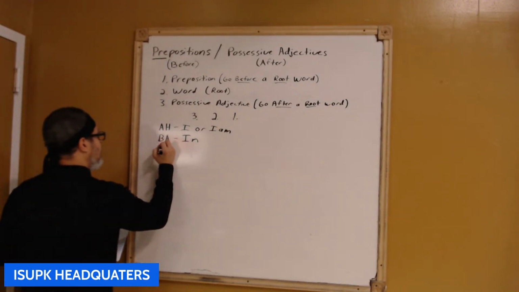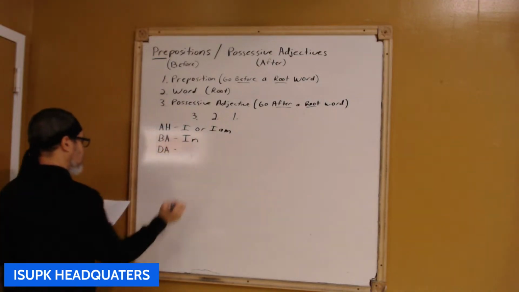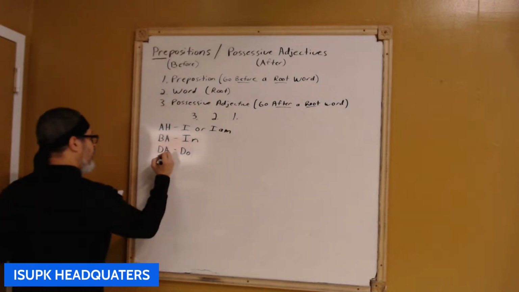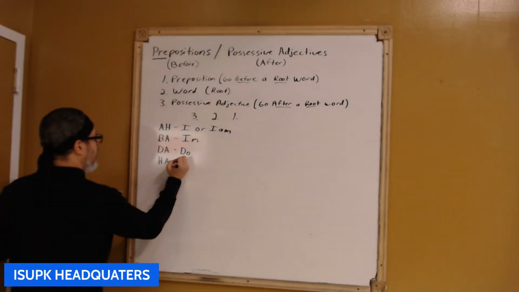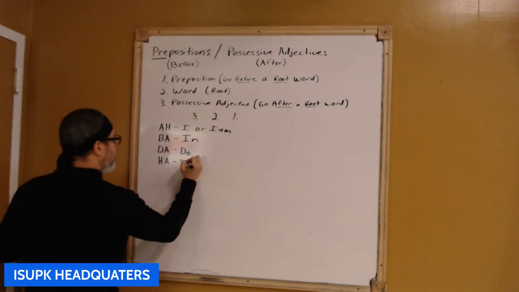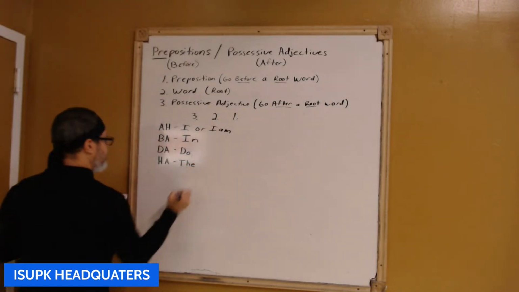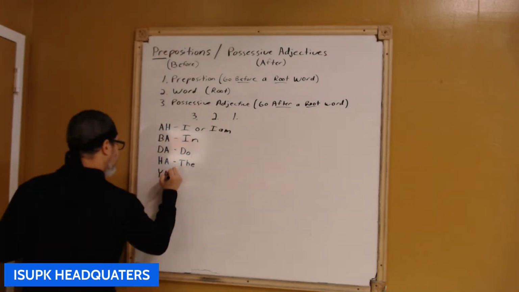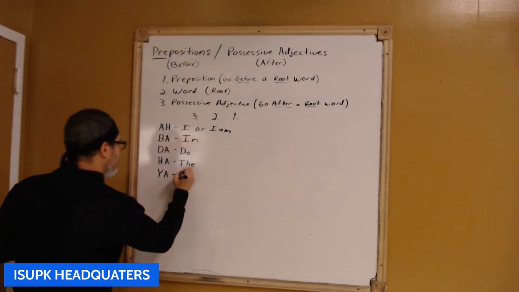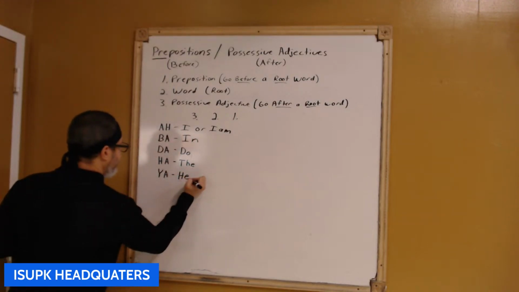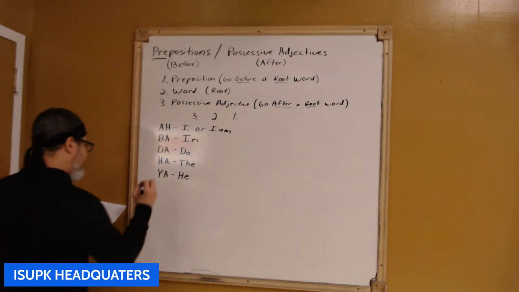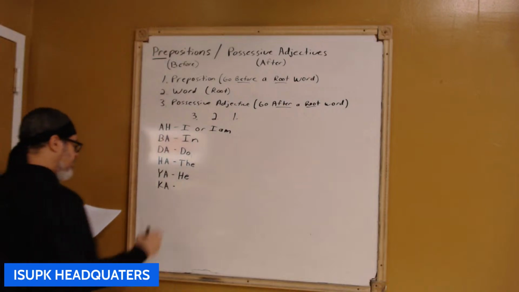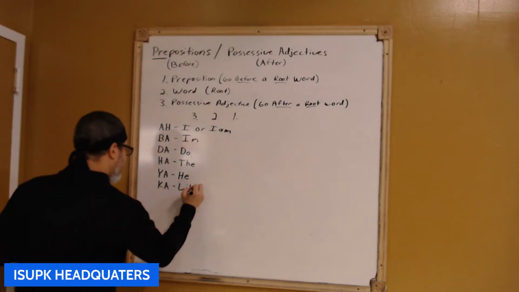If you see a da at the start of the word, the da is do. If you see a ha in front of the word, the ha is the. If you see a ya in front of the word, it is he. If you see a ka in front of the word, it's like.